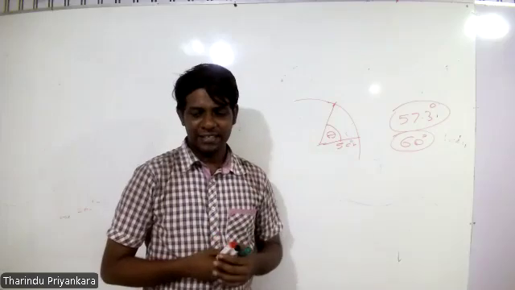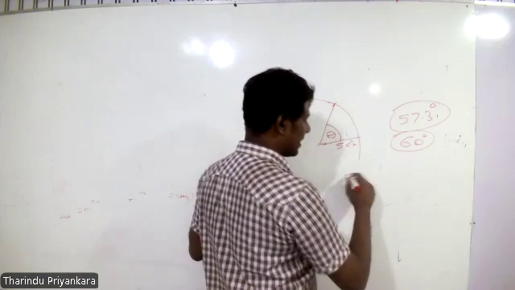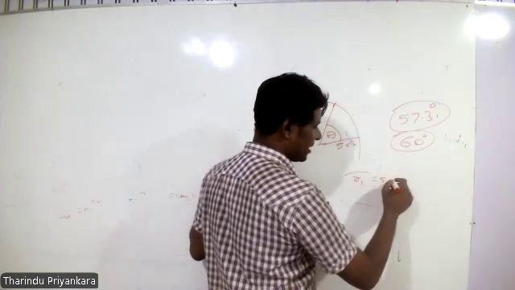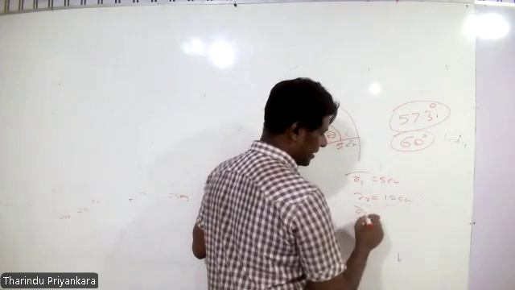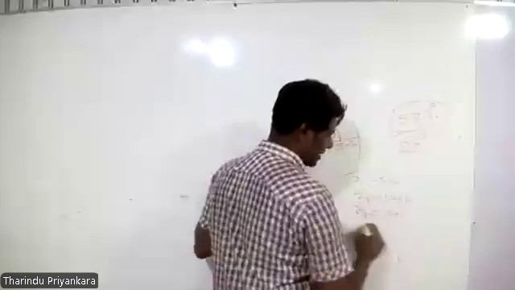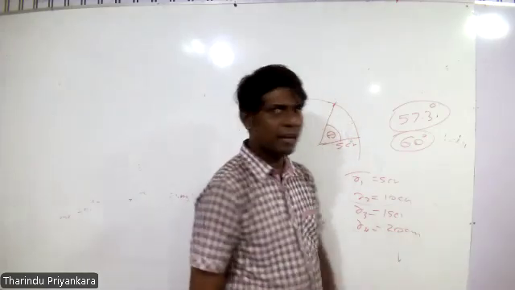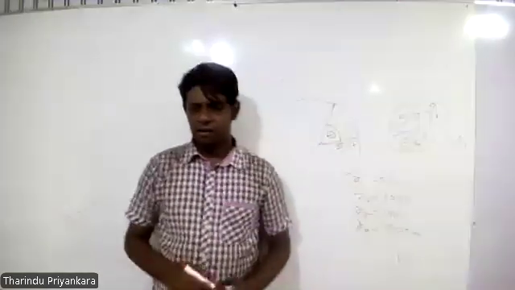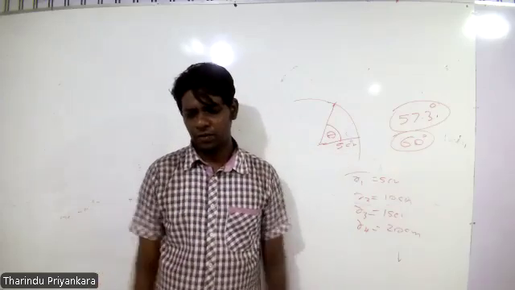Actually, you will realize that whatever radius you make, R1 equals 5 centimeter, R2 equals 10 centimeter, R3 equals 15 centimeter, R4 equals 20 centimeter, nothing will matter. What would happen?